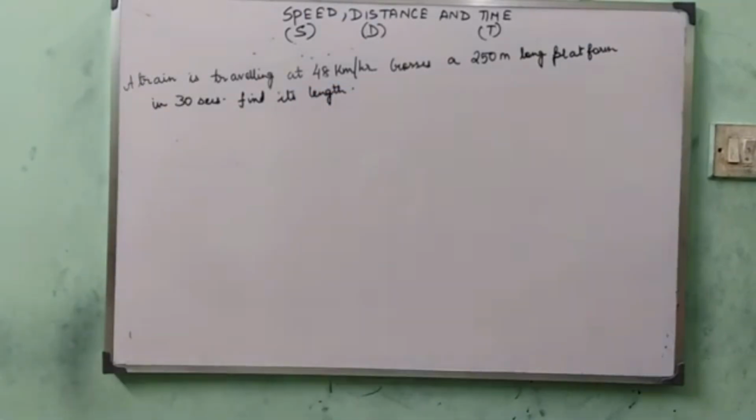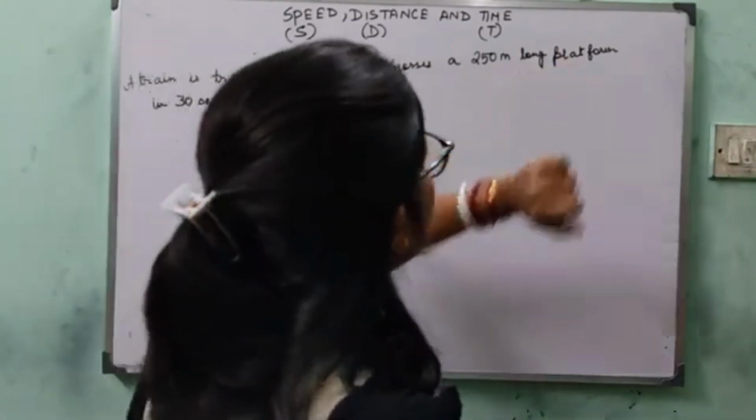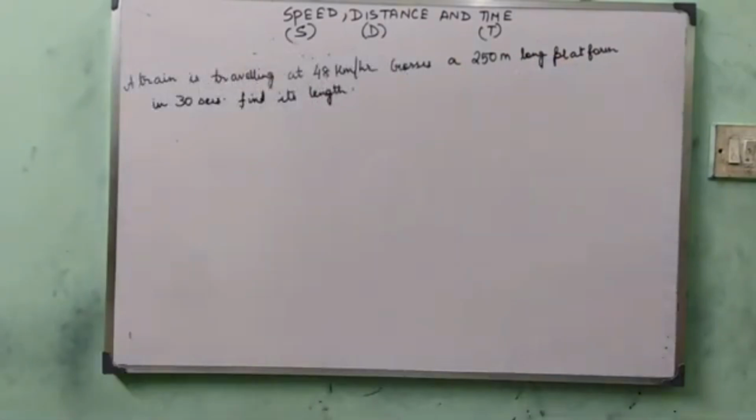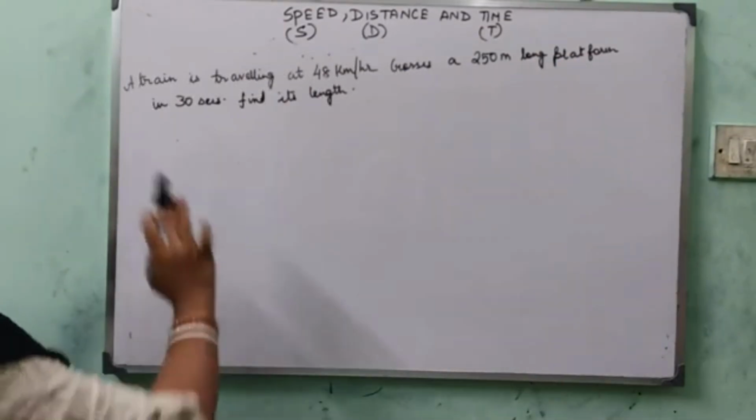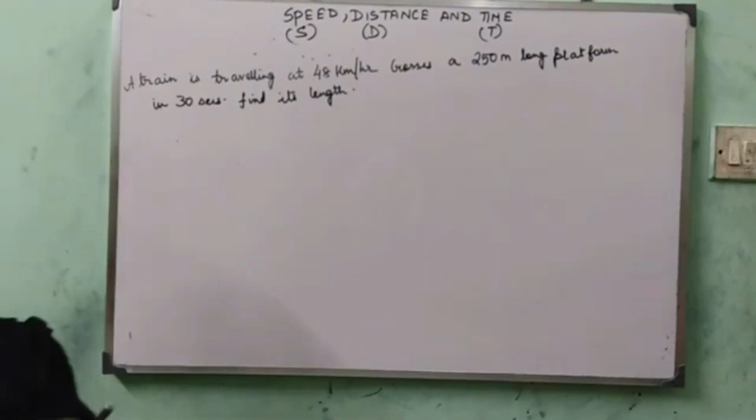So here in this case we have the speed of the train given to us and the length of the platform is given to us, and the time taken to cross the platform is also given to us. What we need to find is the length of the train, which is the unknown.